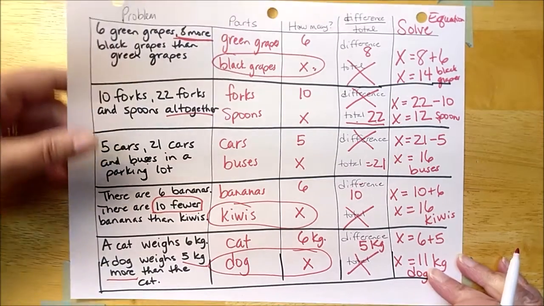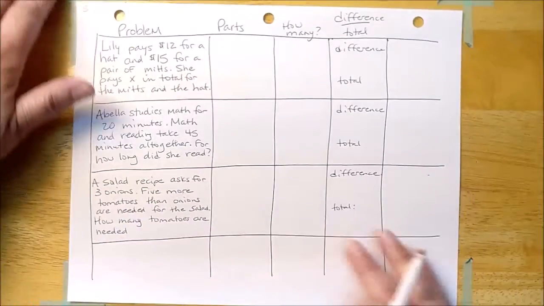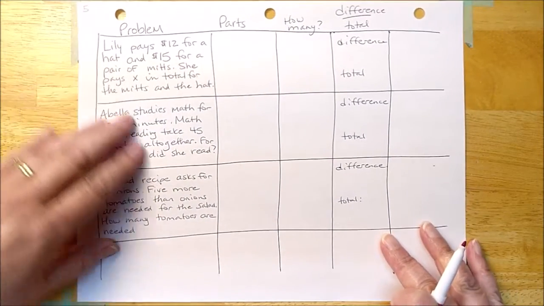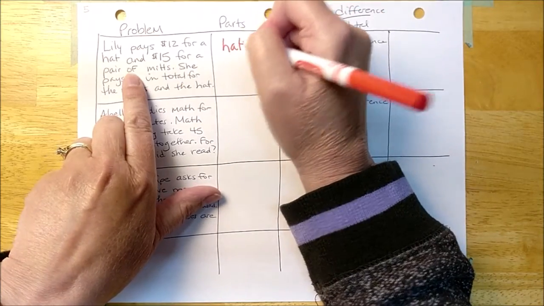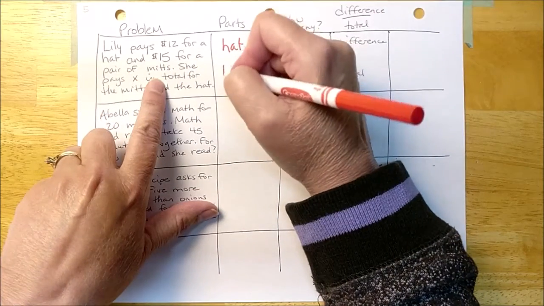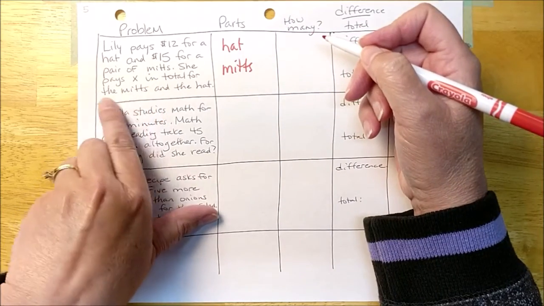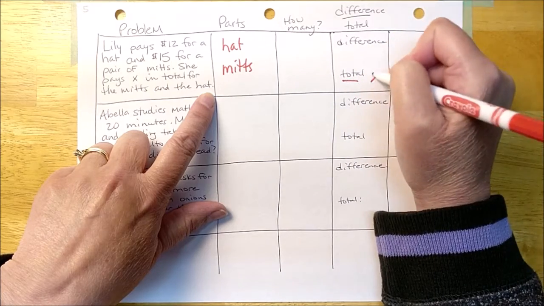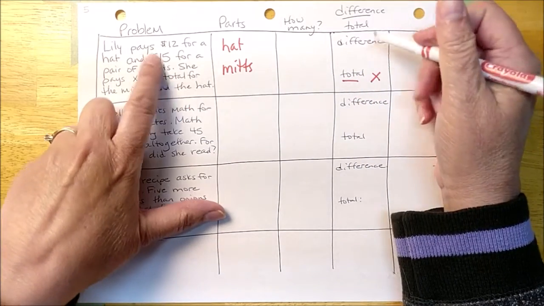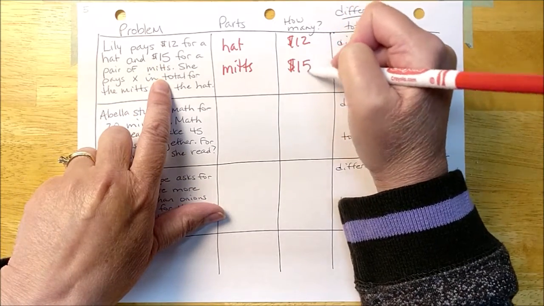I hope that you were able to figure all those out with me. That is awesome. And here are 3 more. So Lily pays $12 for a hat, so my part is a hat, and $15 for a pair of mitts, so my other part is a mitts. She pays X in total for the mitts and the hat, so my total, they tell me, is X. So this is $12 for the hat and $15 for the mitts.